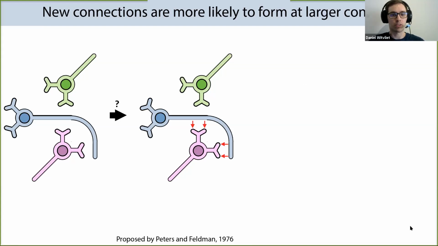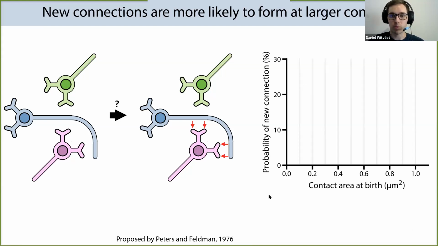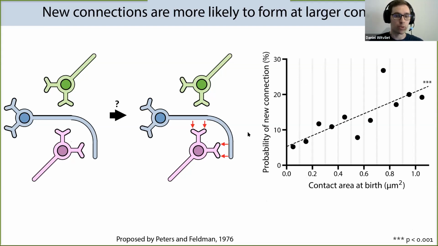So to determine if this was the case, we measured the contact area between every single pair of cells in the brain at birth that did not already have a connection and counted the probability of a connection appearing later in life. And we saw that a large contact was indeed predictive of a new connection forming. So the physical contact formed at birth appeared to create a constant scaffold within which network formation can unfold.